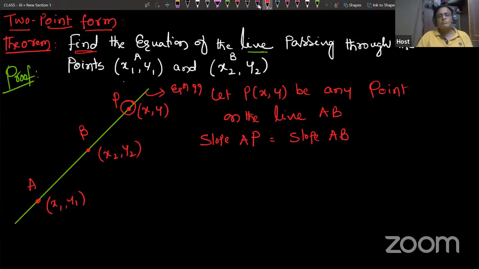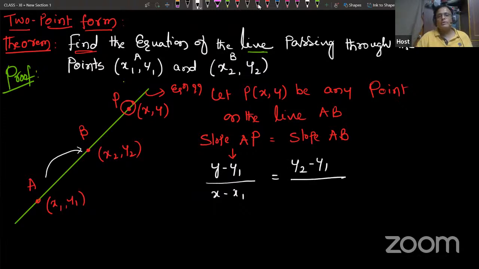Slope of AP, how much? Because it is passing through 2 points. Slope of AP is (y minus y1) upon (x minus x1), correct? It is equal to slope of AB, because it is a single line and every line will have only one slope. Slope of AP and slope of AB, both slopes must be equal. Slope of AB is (y2 minus y1) upon (x2 minus x1).